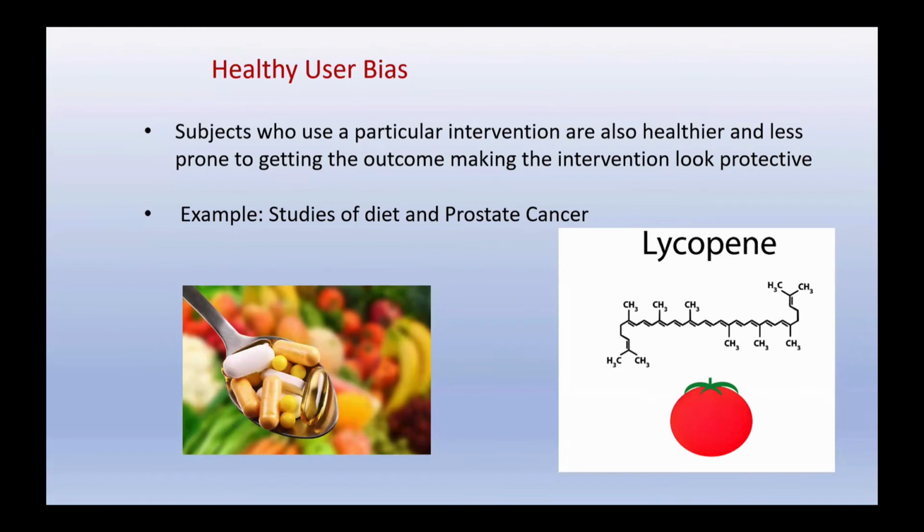So confounding can actually present itself in different shapes and forms. What I showed you is the typical common cause confounding structure, but it can also have different forms. And one of those forms is what we call healthy user bias. This is where subjects who are using a drug or a supplement are also involved in a healthier lifestyle, which puts them at a lower risk of developing the outcome, usually cancer or prostate cancer.